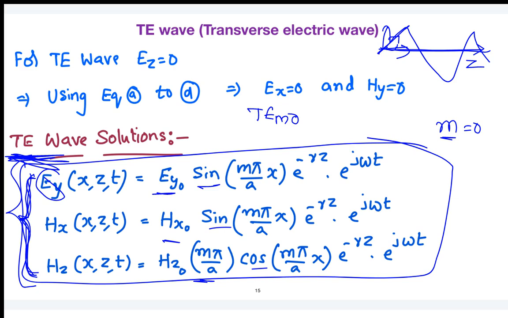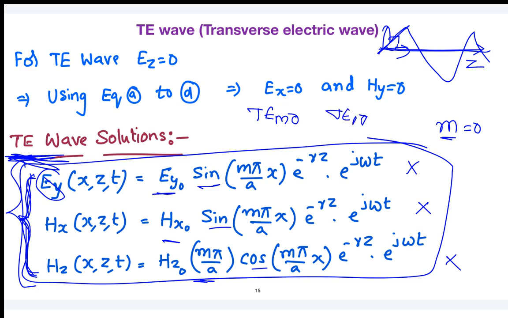When you put M equal to 0, all the components are going to vanish, right? So there is no electric field and no magnetic field. So I cannot say TE00 is the mode.